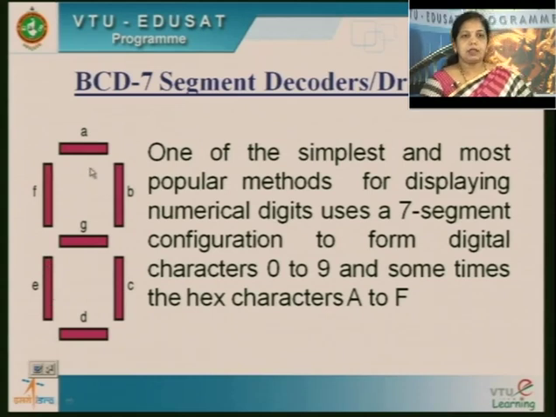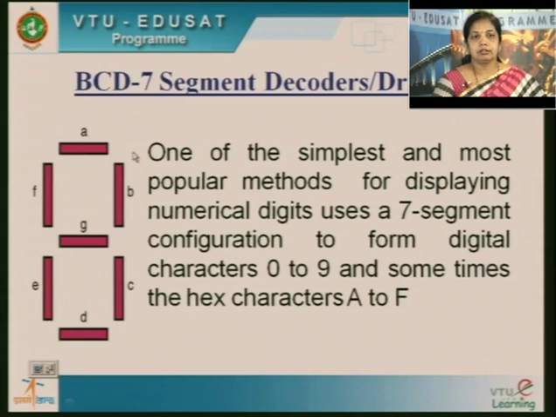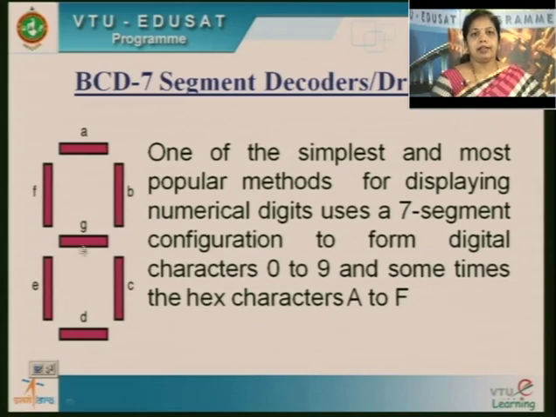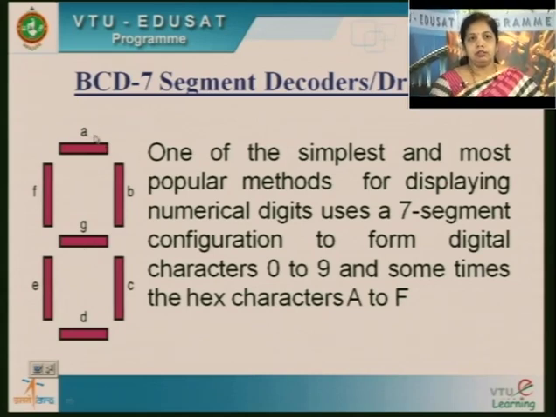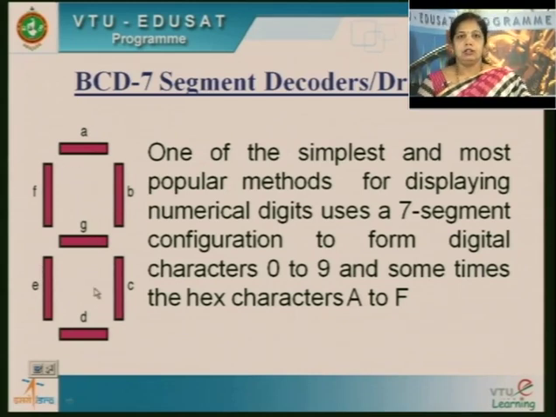Each of these segments is arranged in the number 8 fashion. You can see here, it looks like the number 8. This is one of the popular methods for displaying. In LED digital displays you can get this pattern.